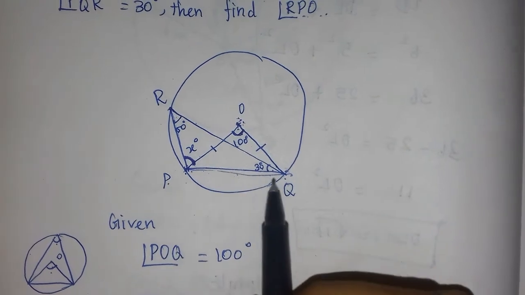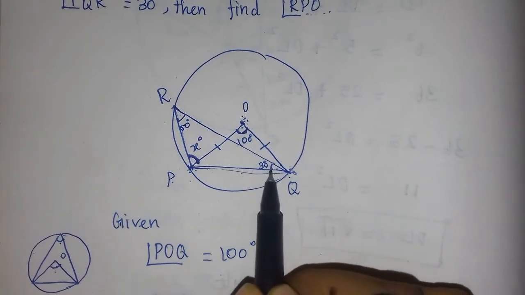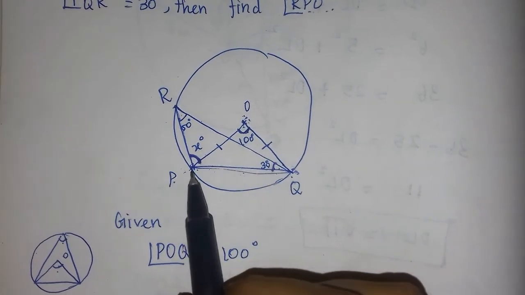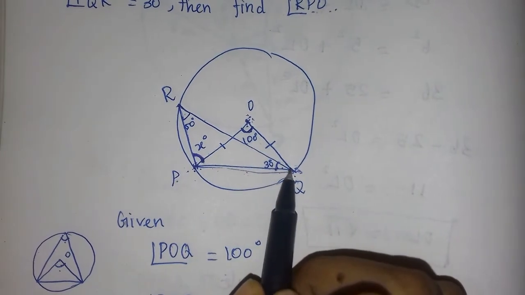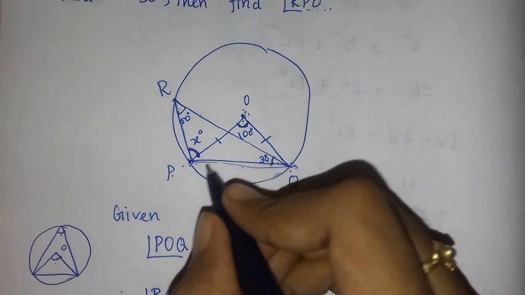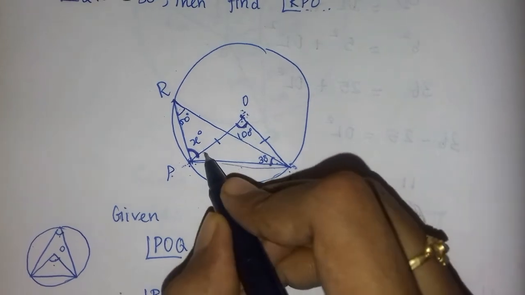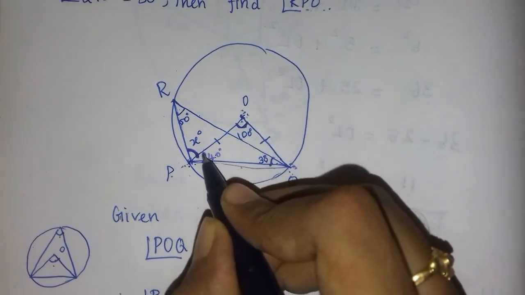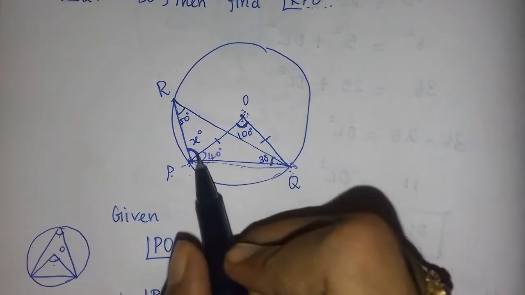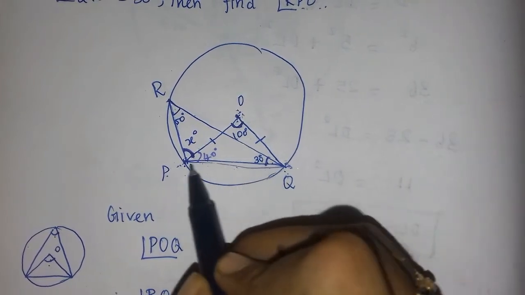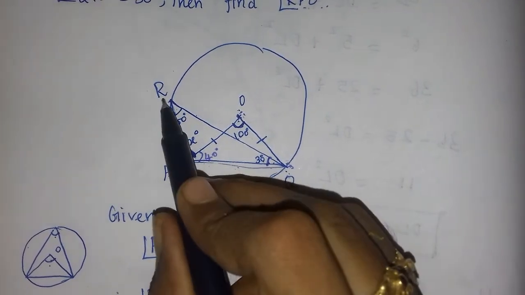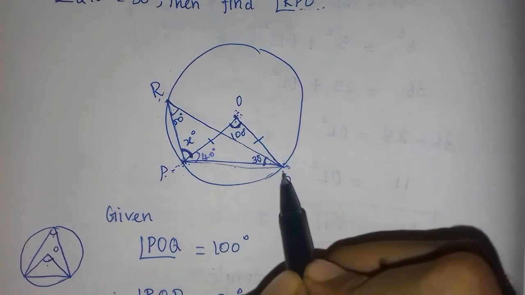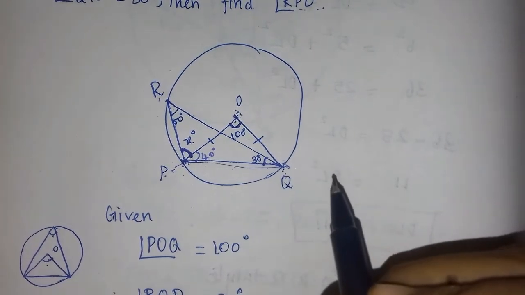Angle PQR is 30 degree. Angle PRQ is 50 degree. We know this angle OPQ is 40 degree. So we will write this as 40 degree plus x degree. Okay, angle RPQ should be found out.